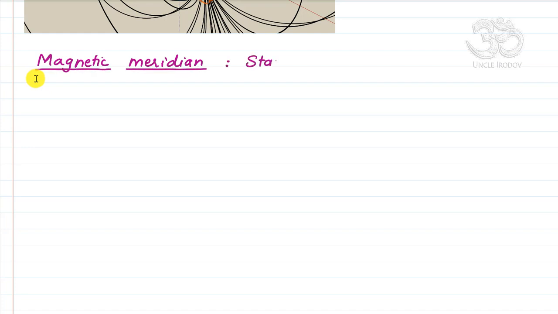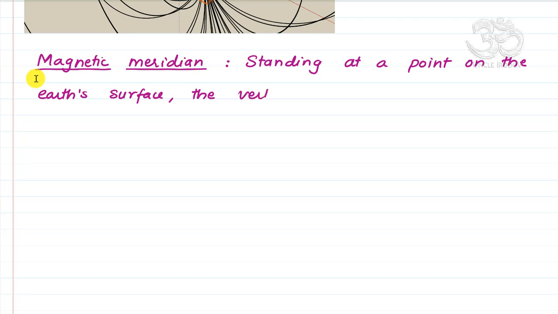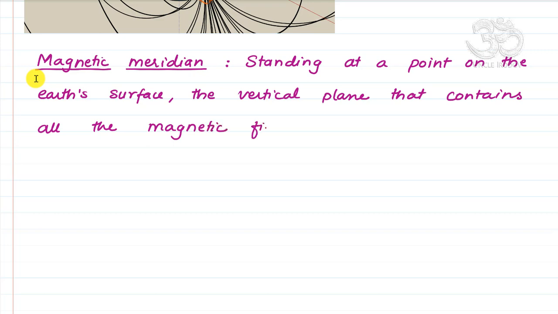So standing at a place, standing at a point on the Earth's surface, the vertical plane that contains all the magnetic field lines at that place or at that point is called the magnetic meridian.